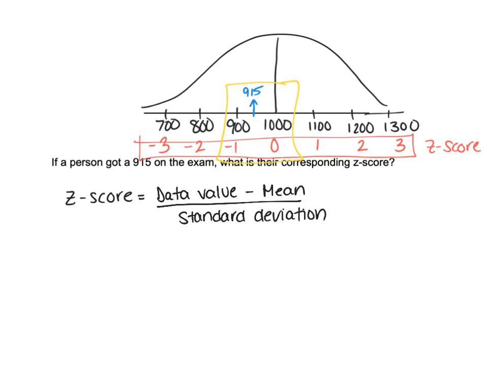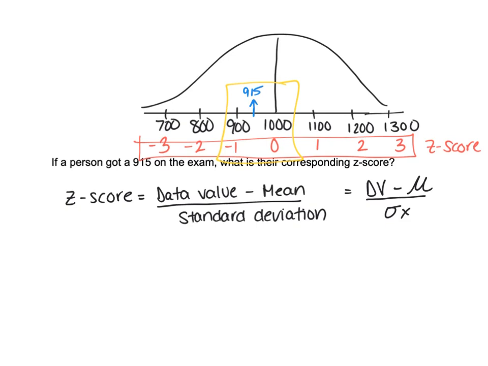And as an abbreviation, I like to say data value is dv minus mu, which is your mean, over sigma x as their standard deviation. Okay? So I want to translate this data value of 915.